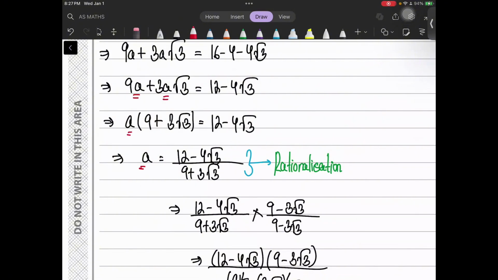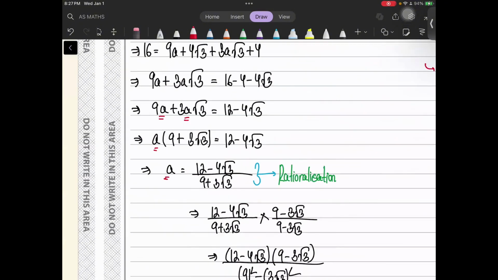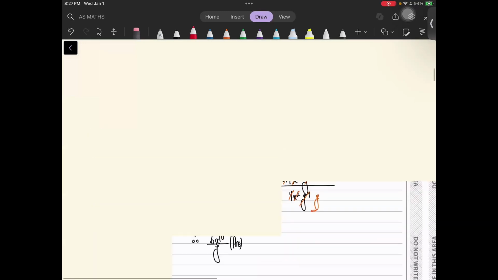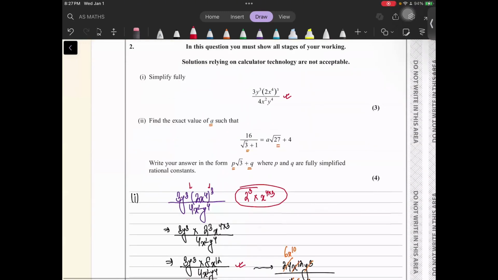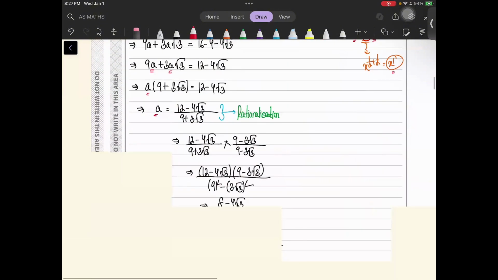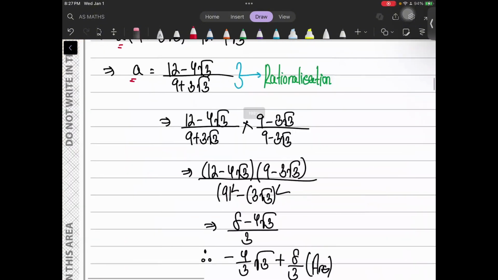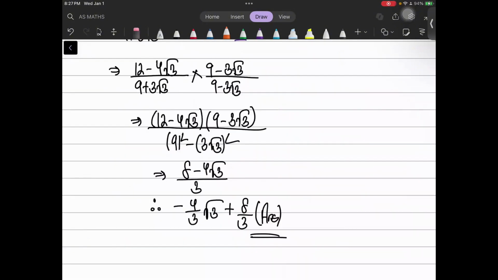Now I have to simplify it further, because in the question it said p root 3 plus q, right? To simplify that, I have to do a process that we refer to as rationalization. You should have learned this from grade 9 onwards, in the Edexcel IAL syllabus.